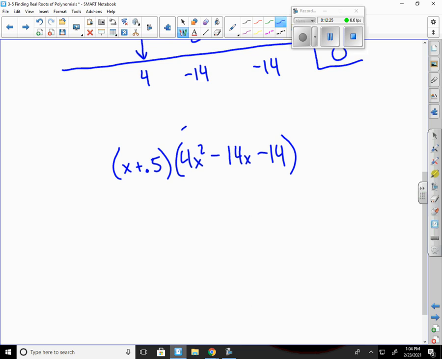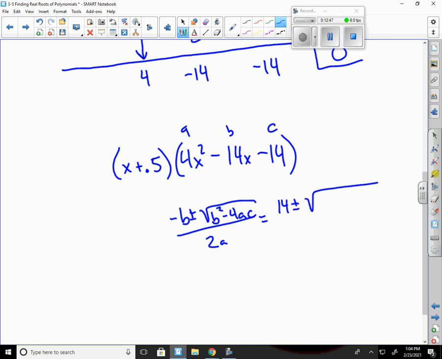Negative b, remember a, b, c. Our formula, negative b plus or minus the square root of b squared minus 4ac all over 2a. Plug your negative b in. That's negative of a negative 14, so it's positive 14 plus or minus the square root of negative 14 squared minus 4 times negative 14 all over 2 times 4, which is 8.